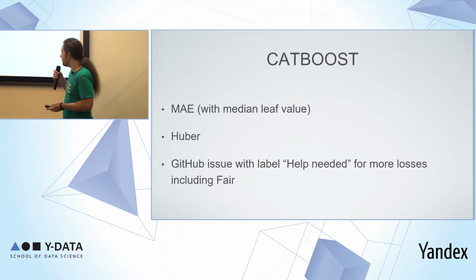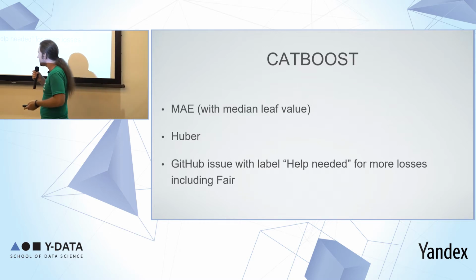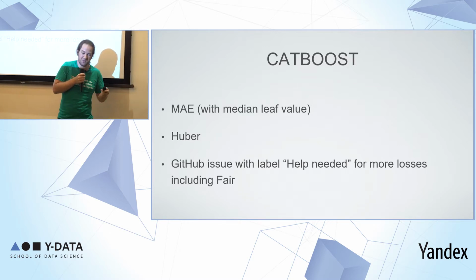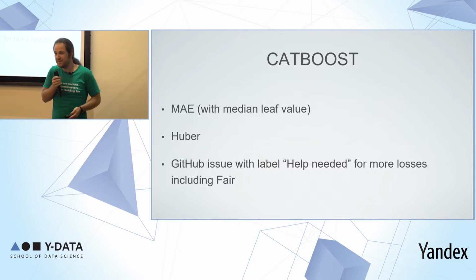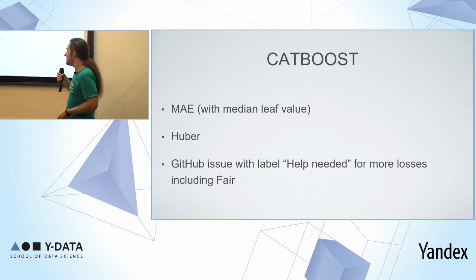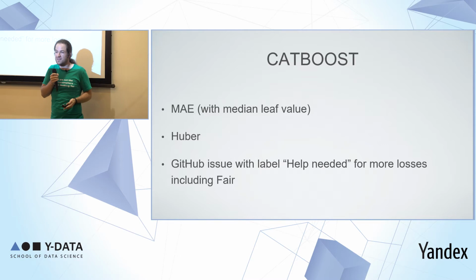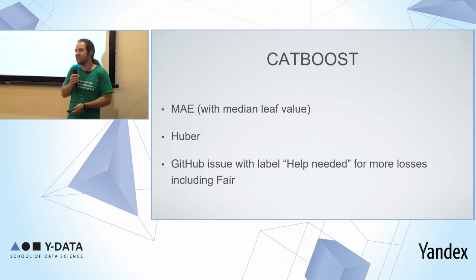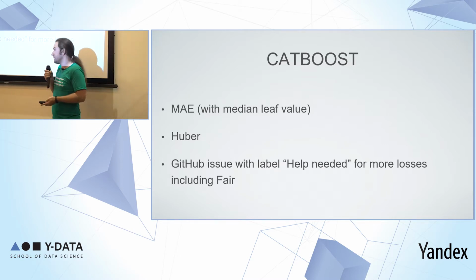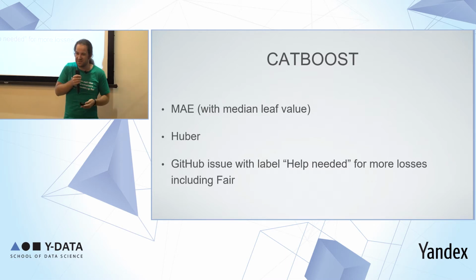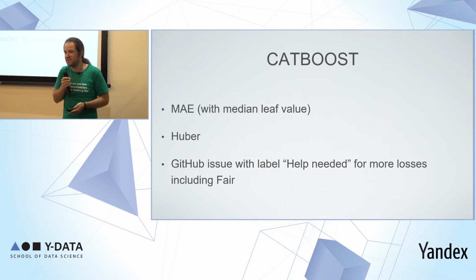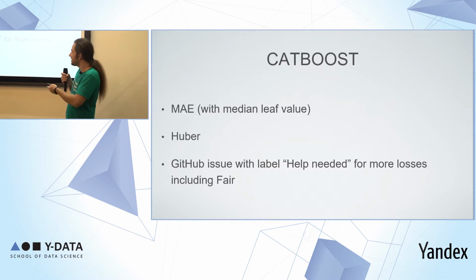So for CatBoost, there is mean absolute error, and it uses median leaf value. Inside, it is implemented as quantile regression. If it's important, we could also use any other quantile regression with a coefficient other than 0.5; 0.5 is equivalent to the mean absolute error.